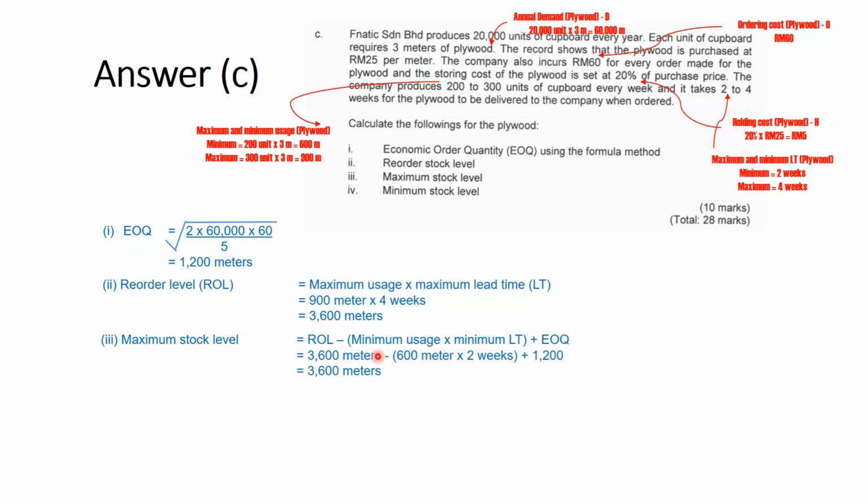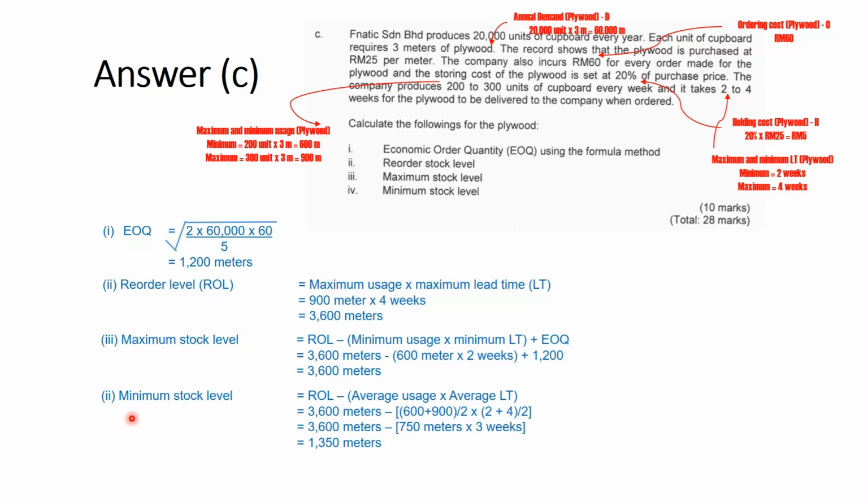So 3,600 from this answer, and minimum usage, which is 600, minimum lead time, which is 2 weeks, plus the EOQ from the answer number 1, and then we get the answer 3,600 meters.